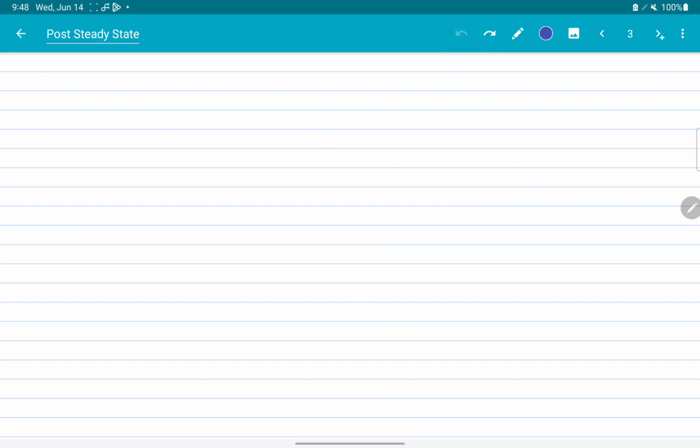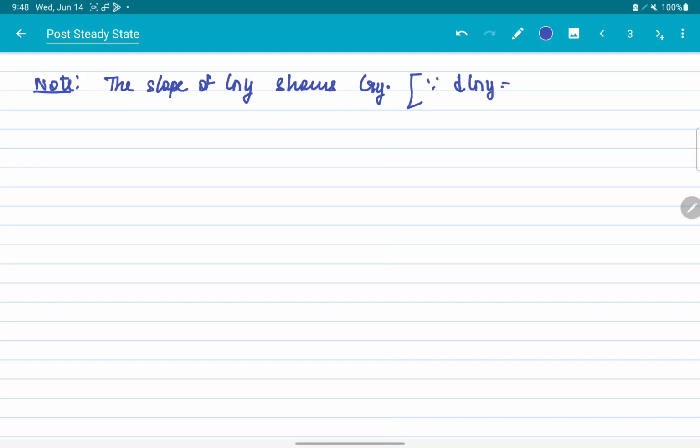All right. Just note this down. You probably know this already, but the slope of ln y shows the growth rate of y, since d ln y is this. Okay, so let's graph a few things.